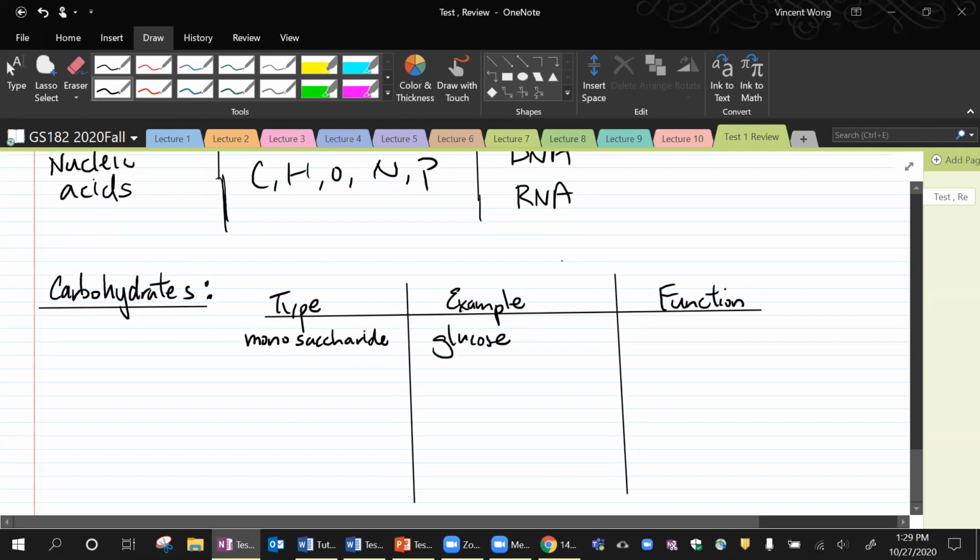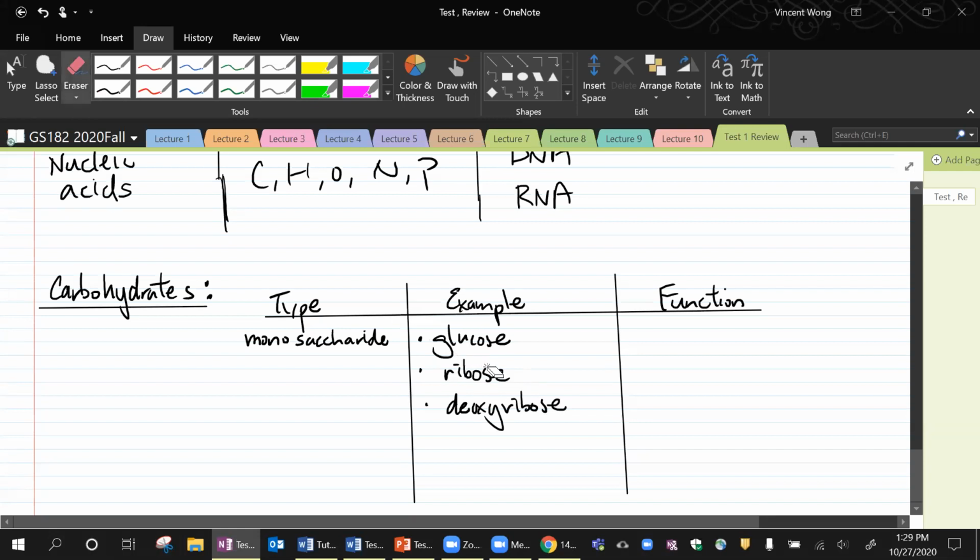Okay. So there are other examples as well that I didn't put in the earlier chart. But in the context of what we're talking about, I think it's good to include, for example, ribose and deoxyribose. Okay, so anything that ends with OSE, it's likely a sugar of some sort.